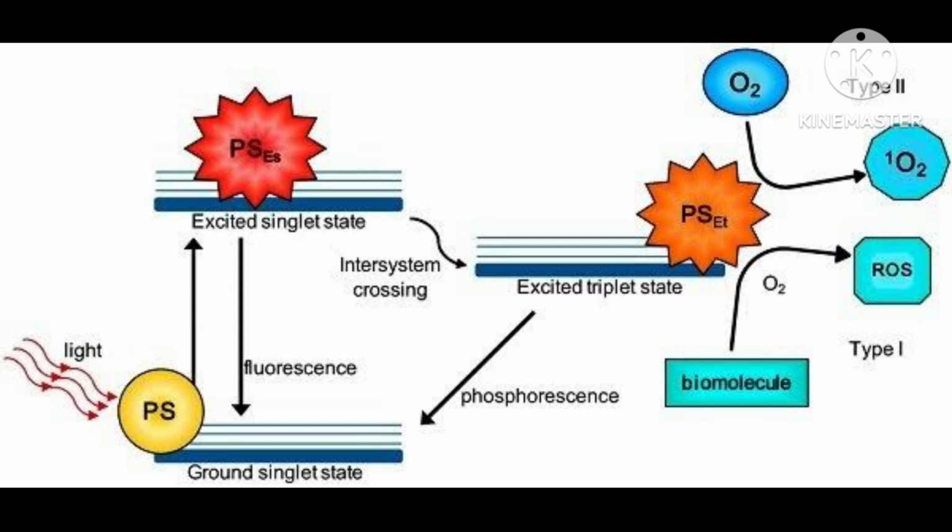Second, visible radiation. Its range is between 400 to 750 nanometer. And infrared radiation range is from 750 to 2500 nanometer. These are actually wavelengths.